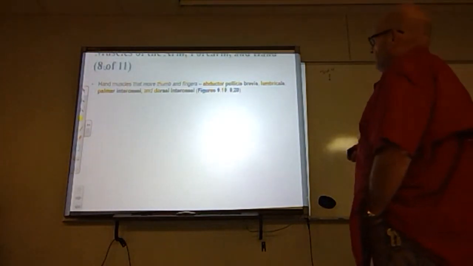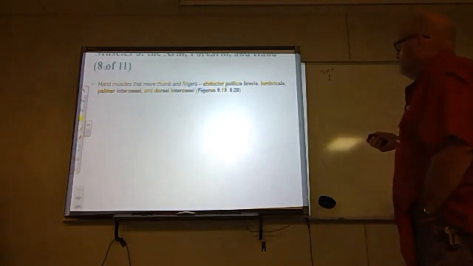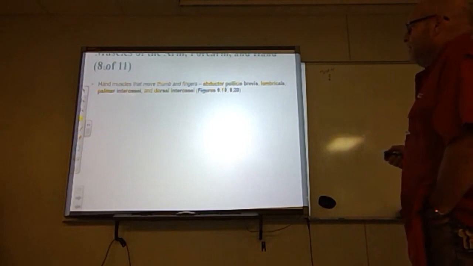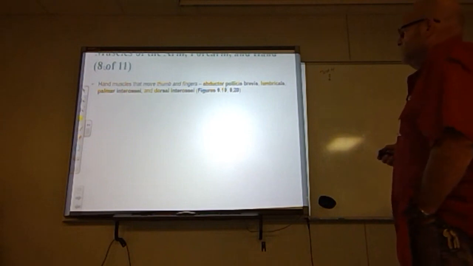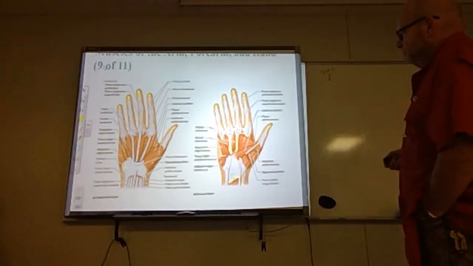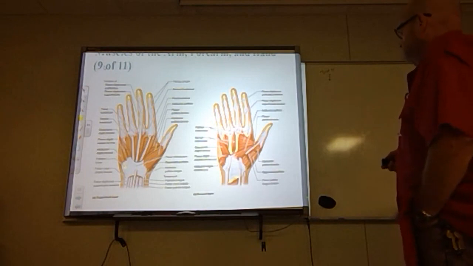The hand muscles that move the thumb and finger, you have the abductor pollicis brevis, the lumbricals, the palmar interossei, and the dorsal interossei. Again, there are these muscles. All kinds of muscles of the hand.